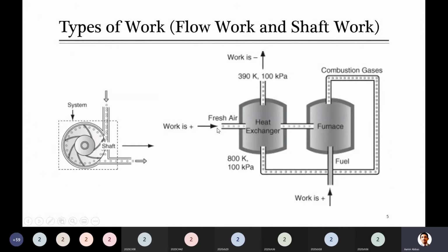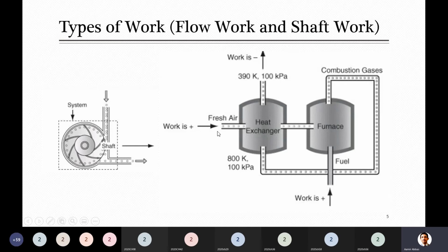So guys, now look here. When you want to perform such an activity or burn the fuel, you always have to push the fuel as well as push the air inside the system. And when we are pushing this gas into the system at high temperature and pressure, we are doing work on the system, because here our system is this assembly of heat exchanger and furnace.